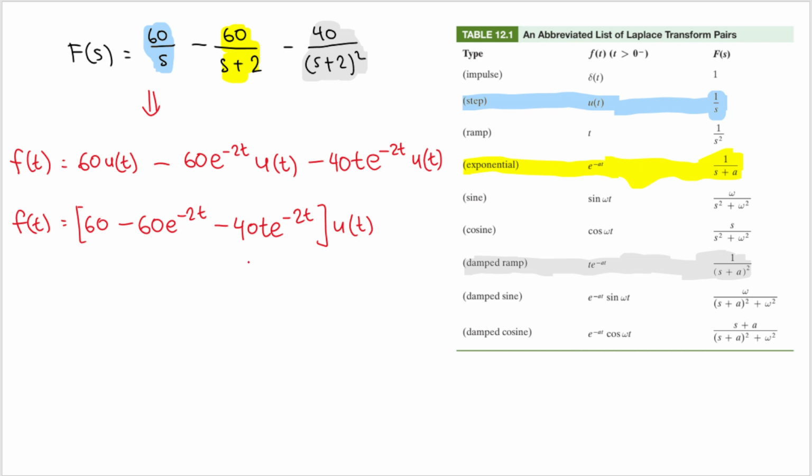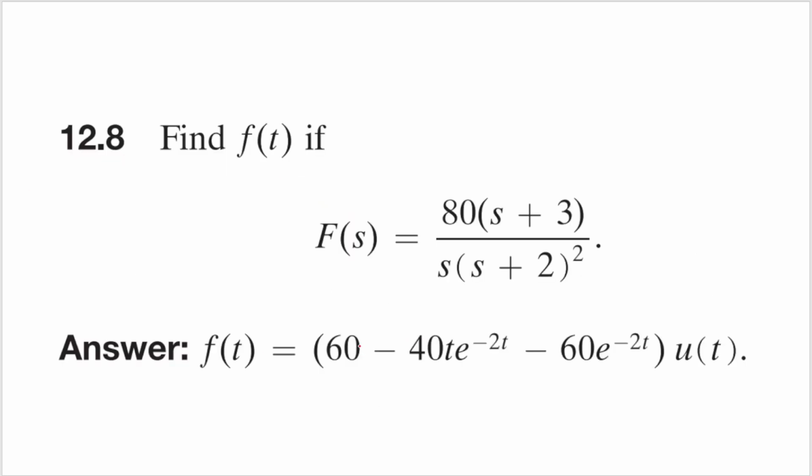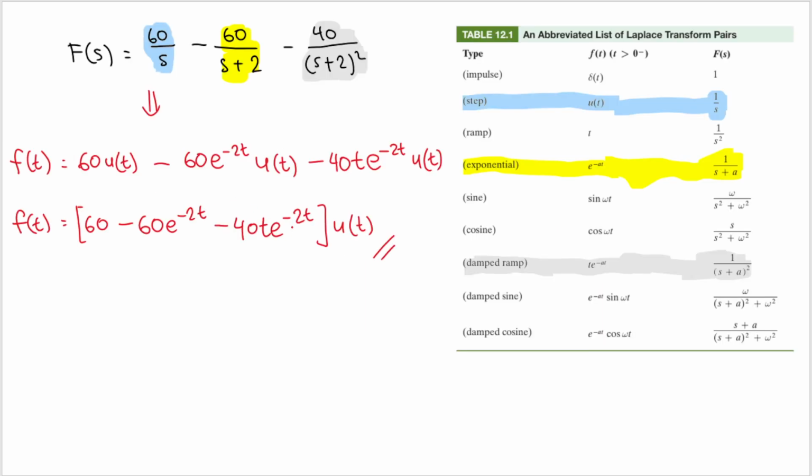And let's see whether we got the correct answer. Yeah, I think we got the correct answer: 60 minus 60 e to the minus 2t and minus 40t e to the minus 2t. Okay, and I think that's all for this problem. See you in the next video. Bye-bye.